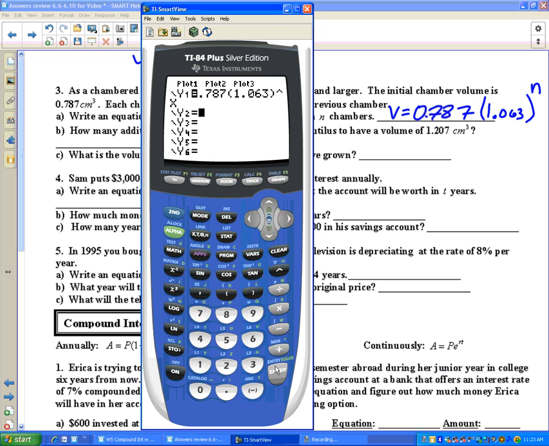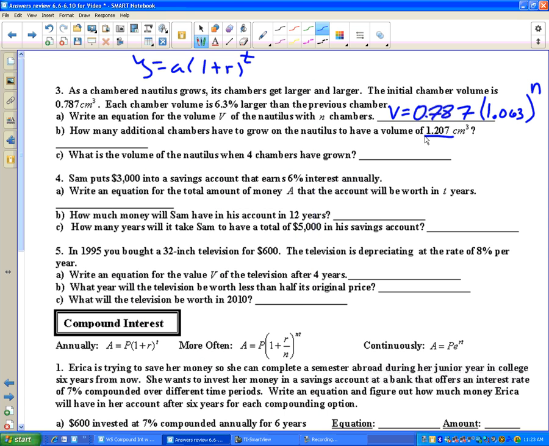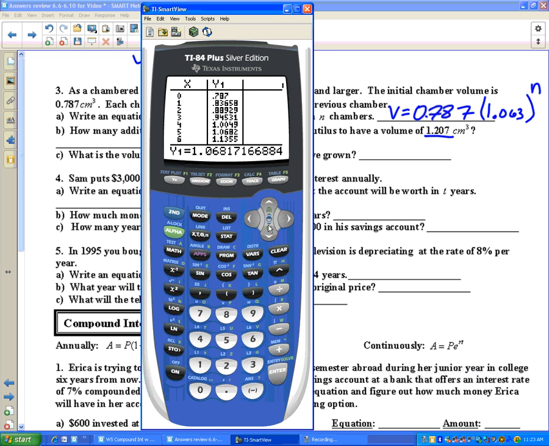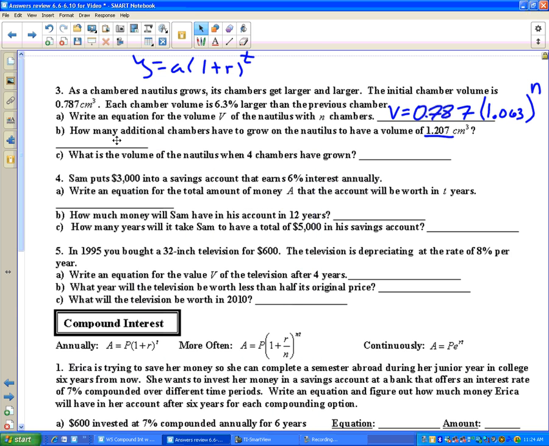I want my volume to be 1.207. I'm first going to check it with my table. 1.207 is 7 chambers. So 7 additional chambers.